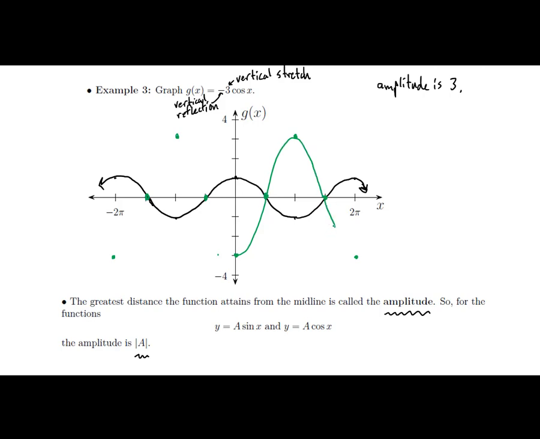By the way, we call these sinusoidal functions, and so it doesn't matter if I'm talking about sine or cosine. Both of them we refer to as sinusoidal functions. So we still have this sinusoidal behavior. But obviously the amplitude is much bigger, and we've also flipped it.